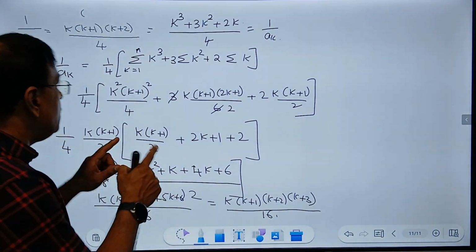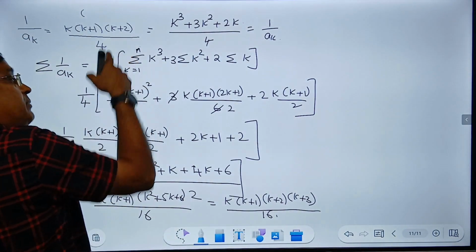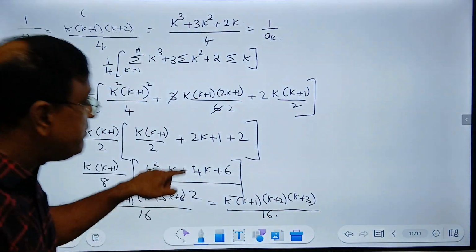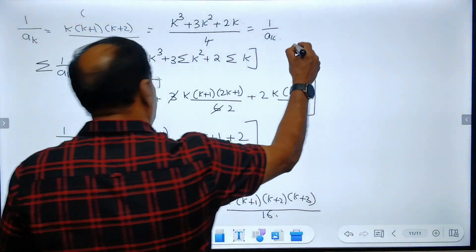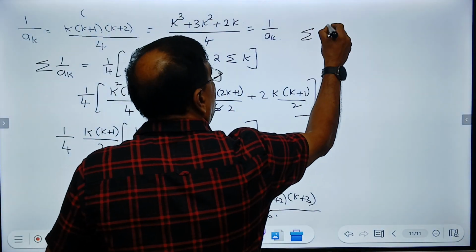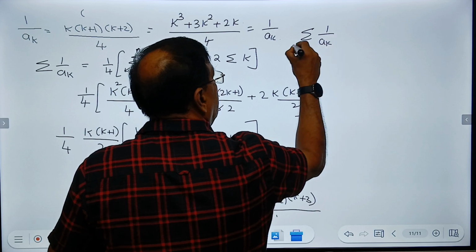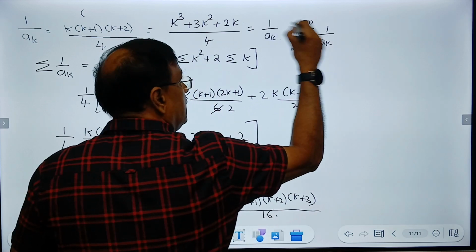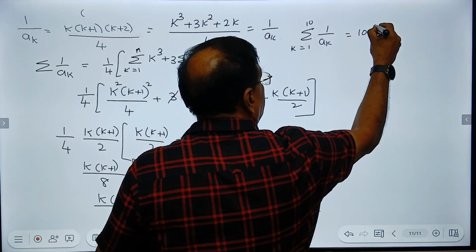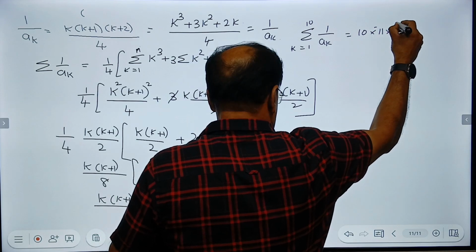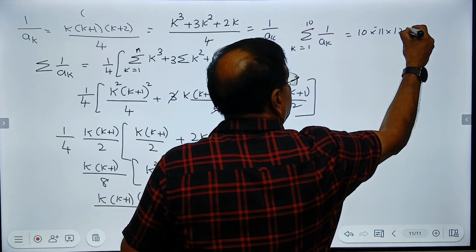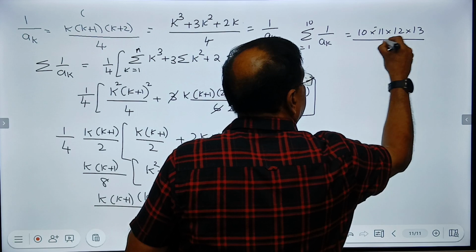Now, I don't want to find up to n, but I want to find only up to 10. So wherever k is there, put 10. So sigma 1 by ak, k equal to 1 to 10 will be 10 into 11 into 12 into 13 divided by 16.